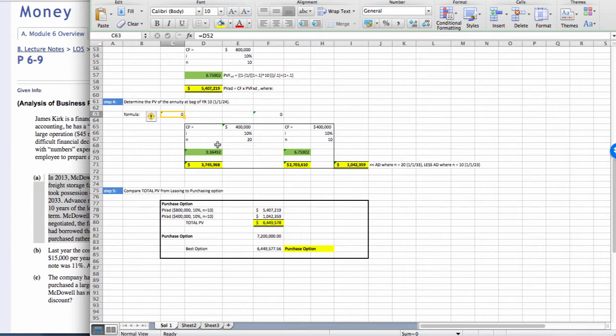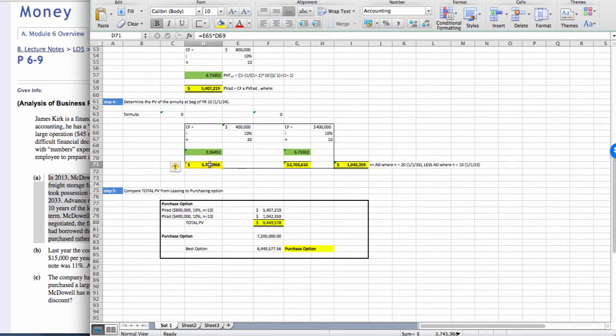First, you come up with the present value of the annuity for the full 20 periods. And if you do that, you end up with this amount here, $3.745 million. And subtract out the annuity from period 11 through the 20th. Notice I'm using annuity due again, and so you can see here is the explanation of what I'm doing.